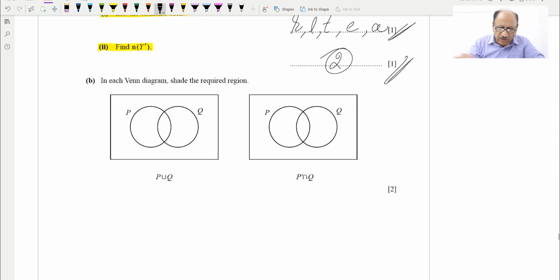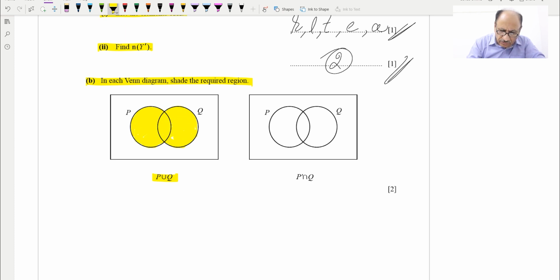Now they're saying in the Venn diagram, shade the required region. So what will the required region be? They are asking for P union Q. P union Q will be whatever is in P or whatever is in Q, all will be included, and we have to shade this whole region inside.